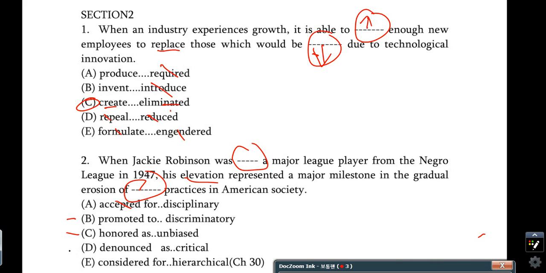Denounced as a major league player. Well, if he's major league, then it wouldn't be denouncing. Considered for, possibly. Now, hierarchical practices, we're talking about race, so it's not going to be hierarchy, which is one thing over another. So he was promoted to, and it would be discriminatory. So they stopped being biased, so unbiased doesn't work. B is the correct answer there.